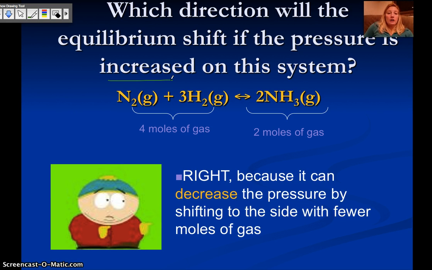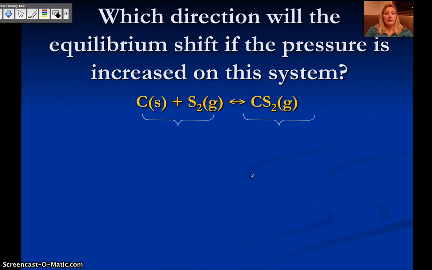So our equilibrium is going to shift to the right because it can decrease the pressure that way. Remember that more moles of gas creates more pressure. So by shifting this direction, we decrease by half our pressure because we no longer have as much gas.